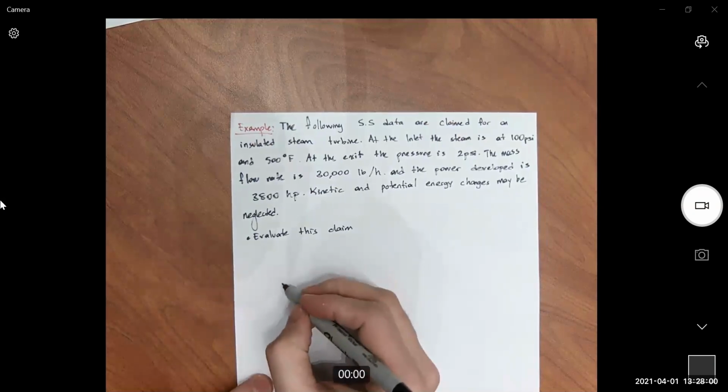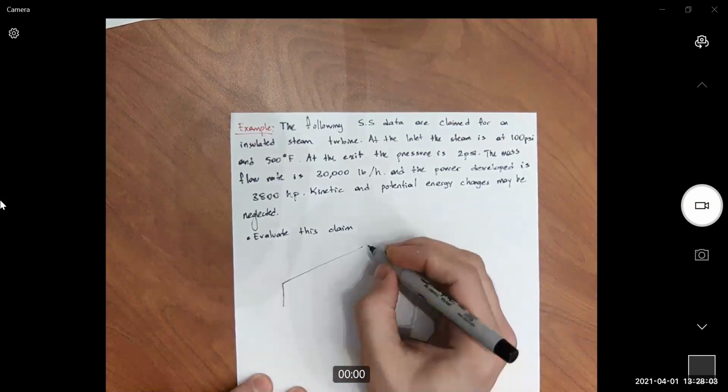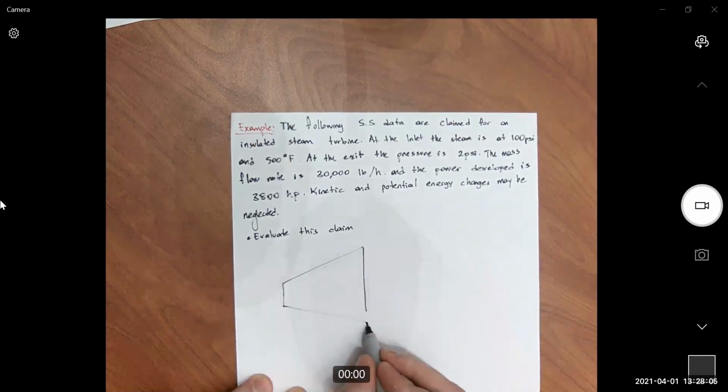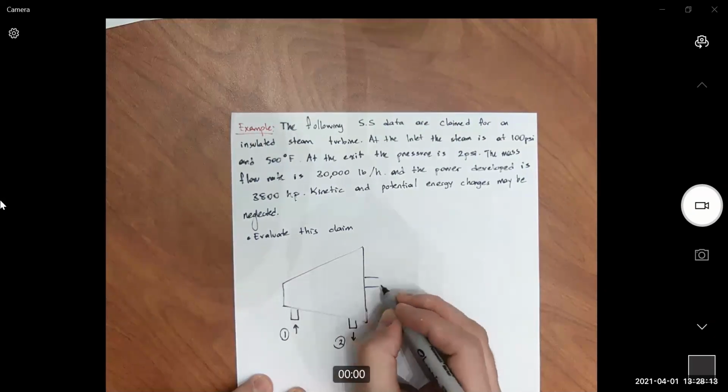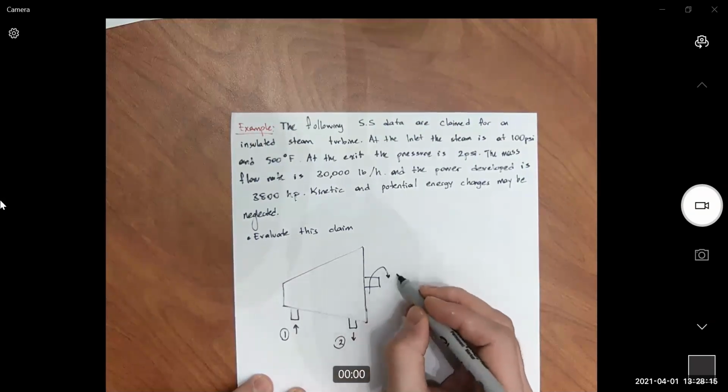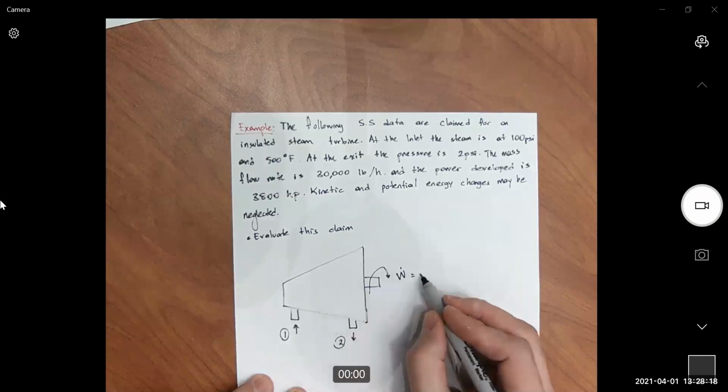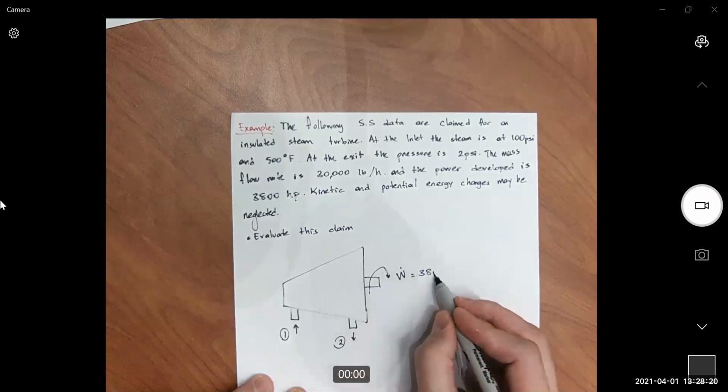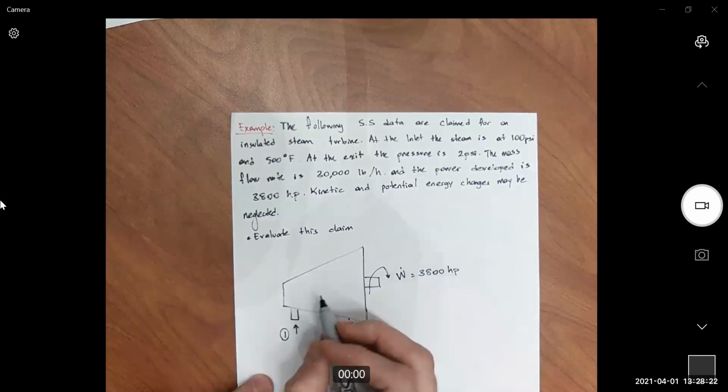Okay, so I have a turbine, one inlet, one outlet. I have work produced of 3,800 horsepower.